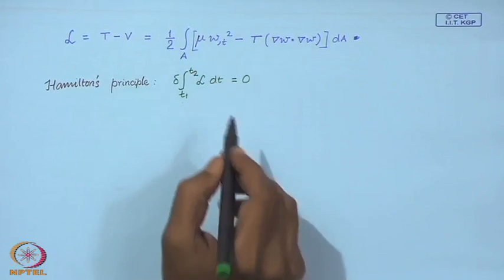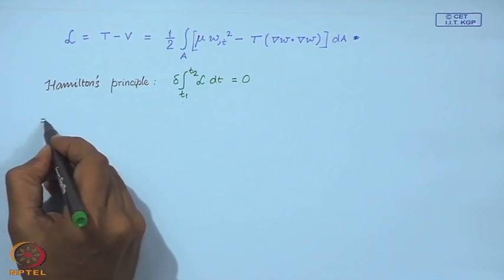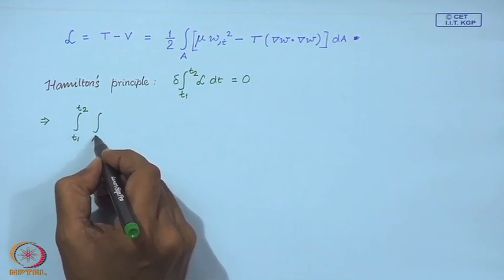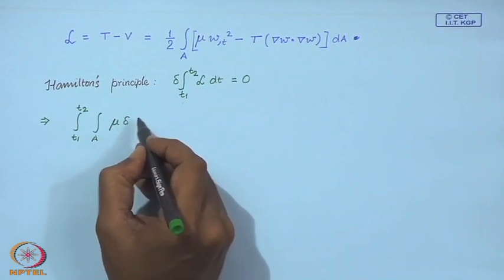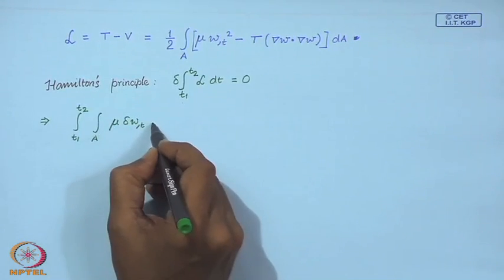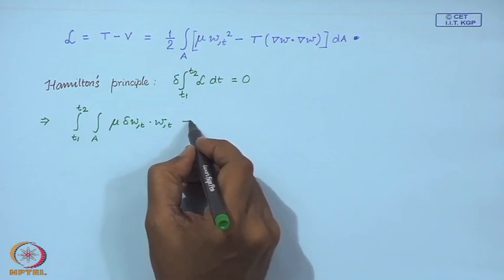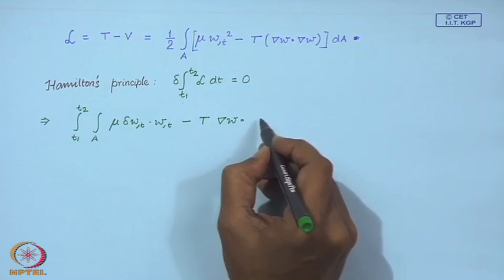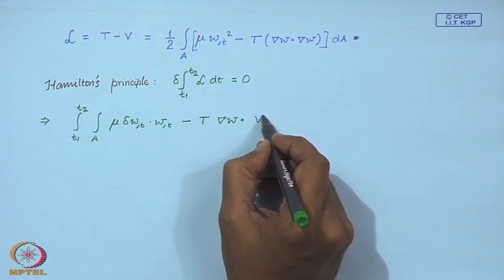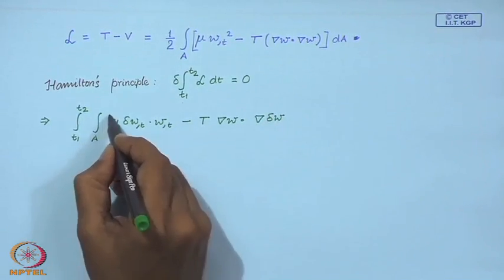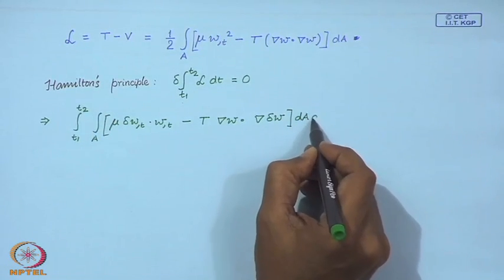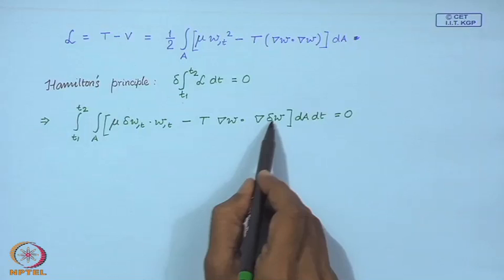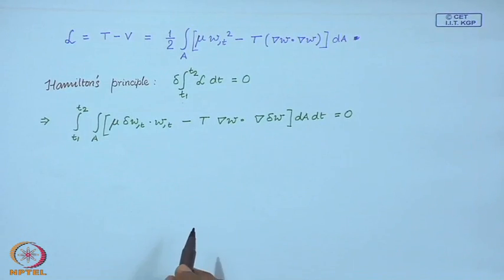So, if you consider this Lagrangian and take the variation, now here I have used this property that the variational operator commutes with the gradient operator.